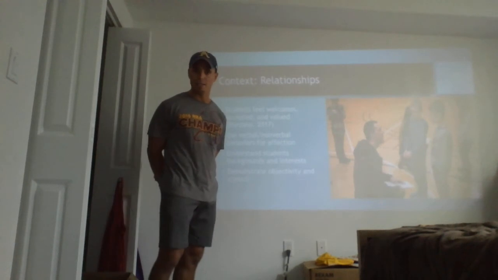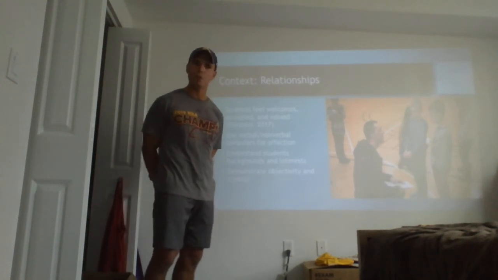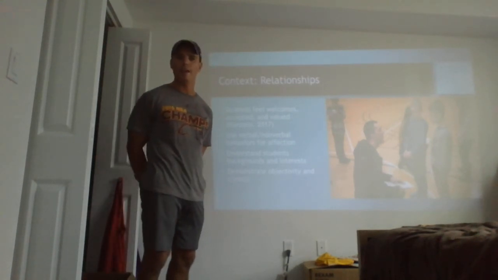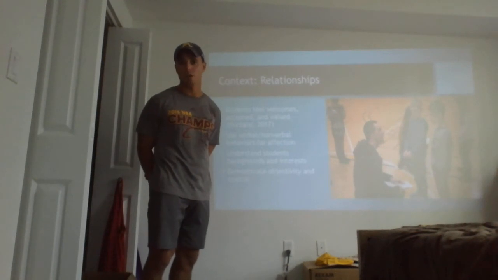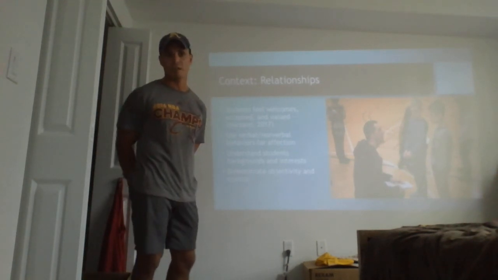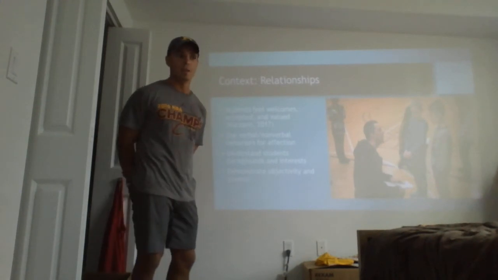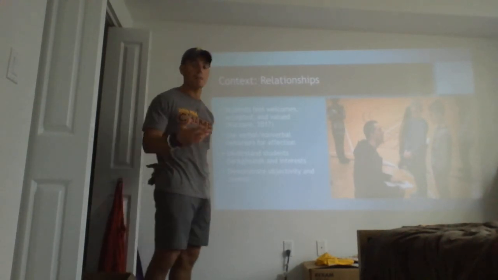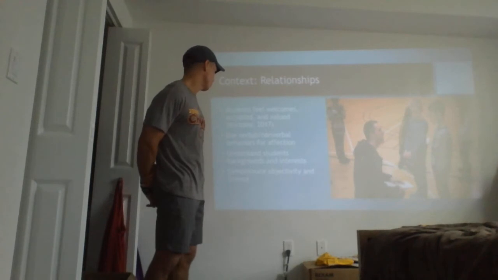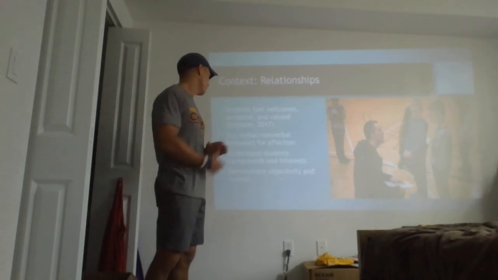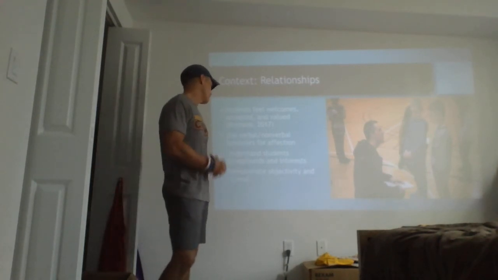You might make eye contact with them. You might tilt your head. You might put a straight face on. Let them know that what they're doing is inappropriate without calling them out and embarrassing them. You get the same result without the student feeling embarrassed or diminishing the relationship between you and your student. By understanding students' backgrounds and interests, you demonstrate objectivity and control.